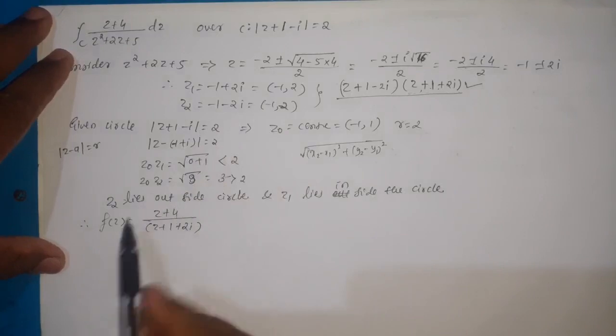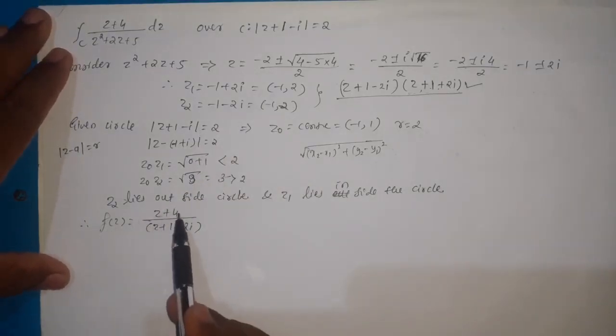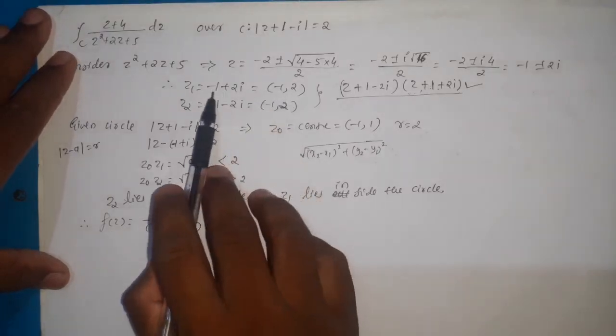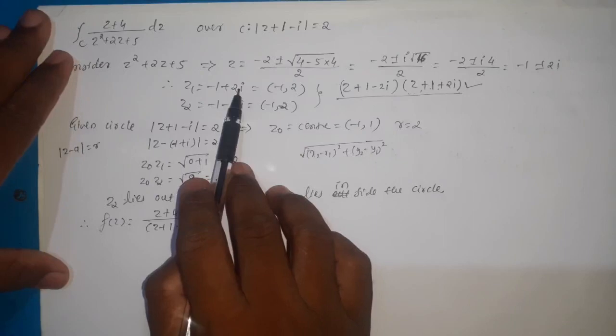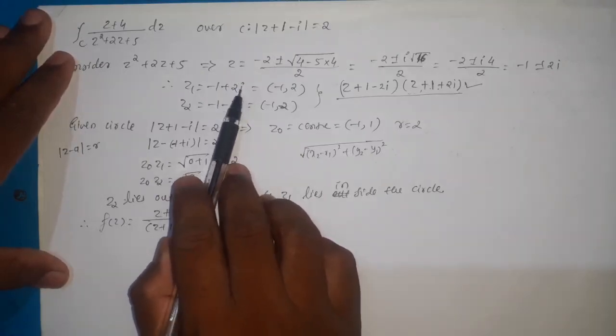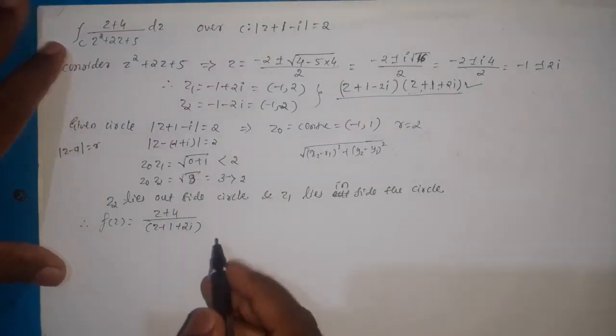Hence we can consider that as f of z. So f of z equals z plus 4 divided by z plus 1 plus 2i, and the point minus 1 plus 2i lies inside the circle, so we can find the value of the integral at that point. Therefore we are not including that in f of z.